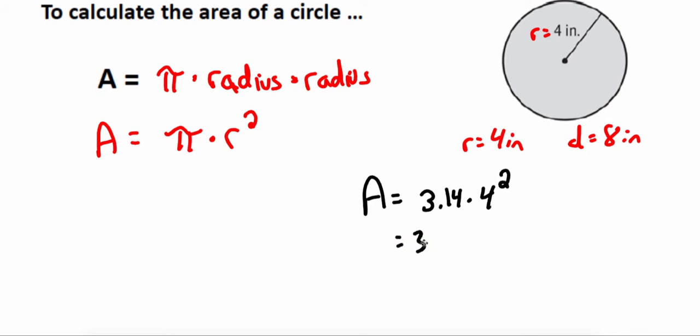Or, if you'd rather, you could do 3.14 times 4 times 4, because 4 times 4 is the same thing as 4 squared. So 3.14 times 4 to the second power gives me 50.24. This time it's area, so instead of inches, it's going to be inches squared, because you did inches times inches.